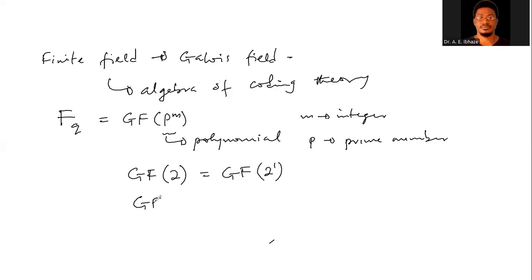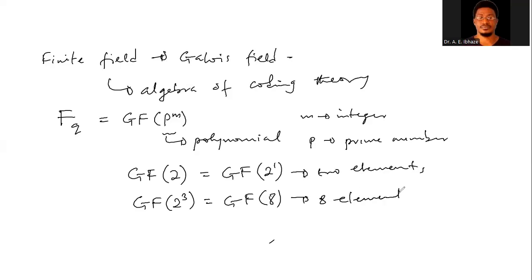Now, how about the Galois field 2 to the power of 3? So it means this is the same as the Galois field 8. So while this contains 2 elements in the finite field, this contains 8 elements in the finite field. Is that clear?